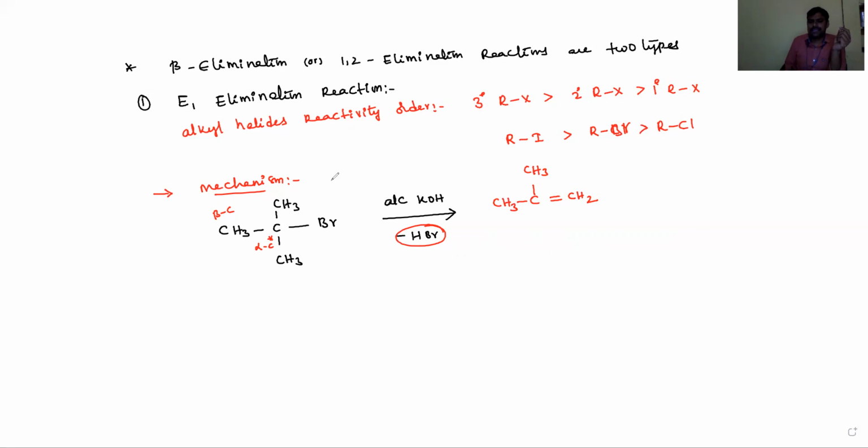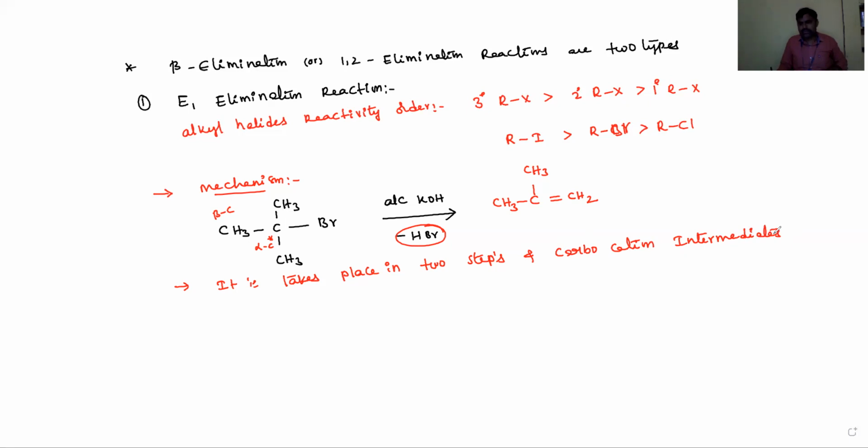Okay, dear students, this takes place by the E1 mechanism. In the E1 reaction, the mechanism takes place in two steps, and a carbocation intermediate is formed.